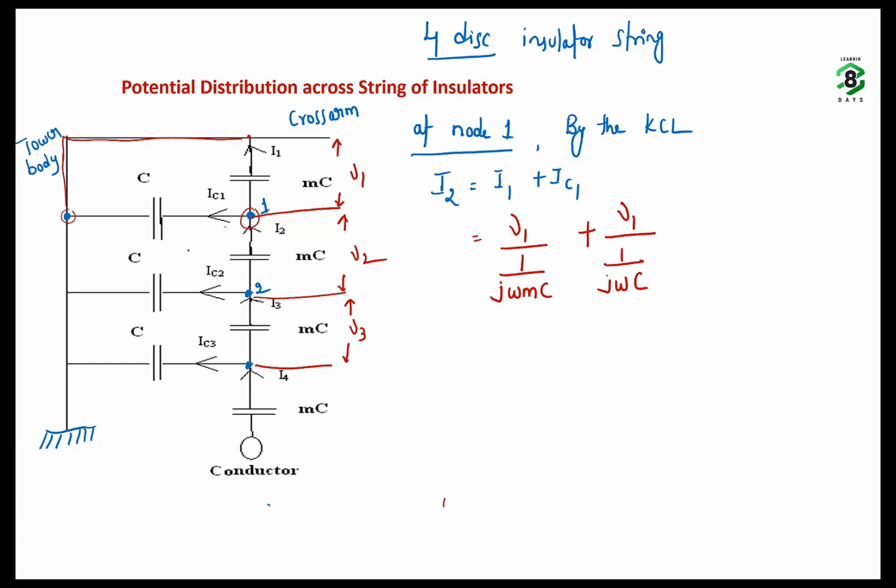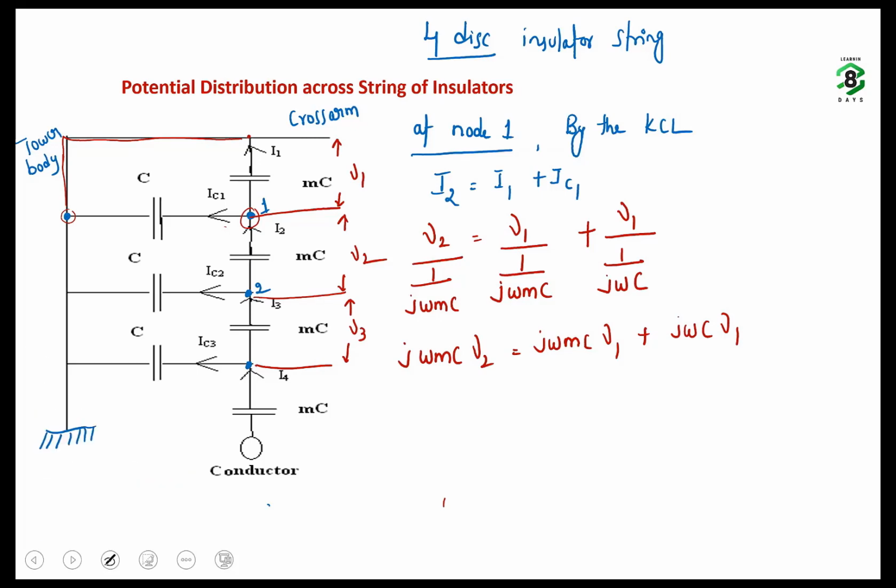Now, what is the voltage across the second disk? I2 is given by V2 divided by the impedance of this disk, which is 1 by j omega mc. If you simplify, j omega mc V2 equals j omega mc V1 plus j omega c V1.